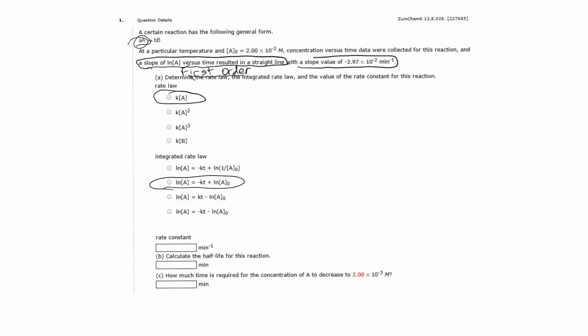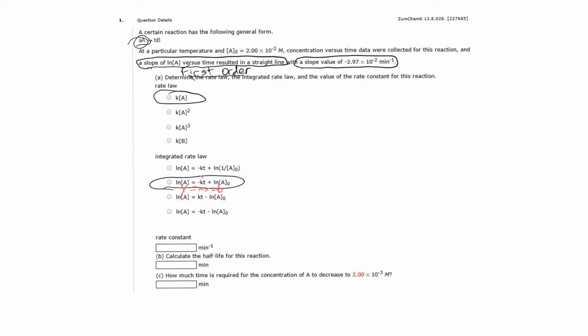And then one other quick one that we can do: they say your straight line has a slope of negative 2.97 times 10 to the negative second. Well, you can either know from your graphing results that the slope of the straight line plot of a first order reaction takes the value of negative k, or you can look at the rate law and note that it's written in the format y equals mx plus b.